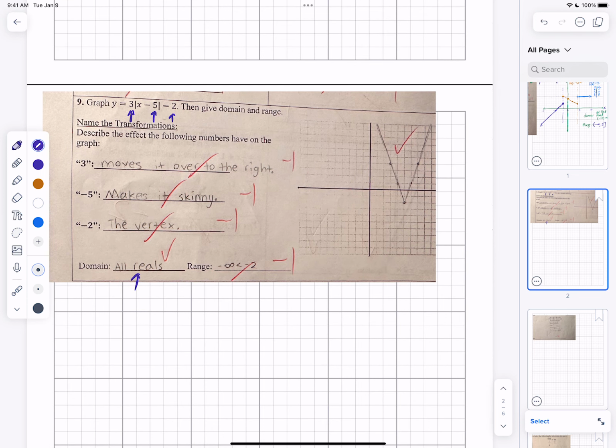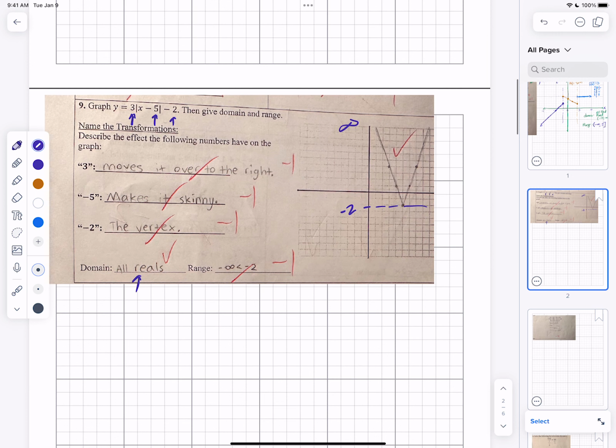Well, the domain all reals is good. The range on this graph, you did graph it correctly. So the lowest number here, the range, the y value, the lowest is -2, and it goes up to infinity. So you actually wrote this kind of backwards. It goes from -2 to infinity.